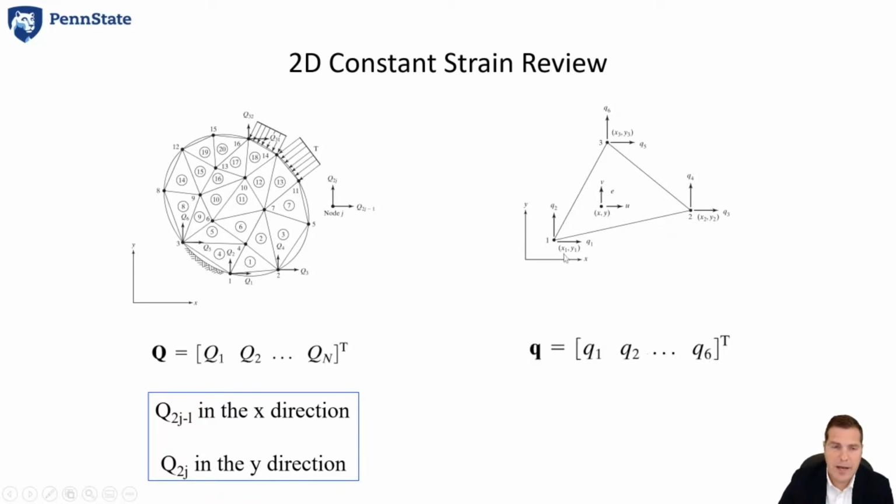We also talked about how these counters, q2j minus 1 to q2 times j, can be used to store two-dimensional data. You can also do this in 3D, by the way. You can store two-dimensional data in a one-dimensional array.